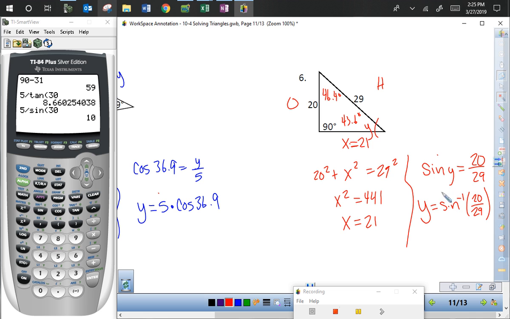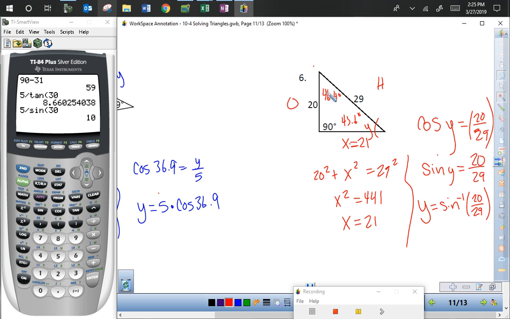Your work would look different. Okay, you would have to use cosine if you put your y up here. Okay, so just be aware you don't have to have the same work for angles. The sides, it will look the same, but over here, angles wouldn't necessarily have to. Okay, so as long as you have those same numbers as me, you should be just fine.